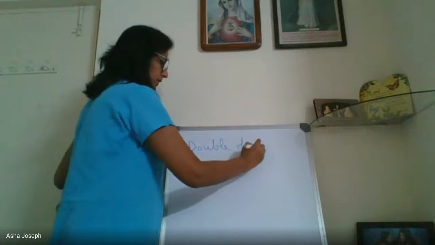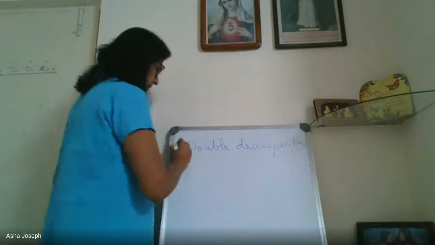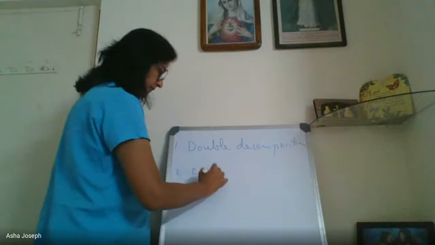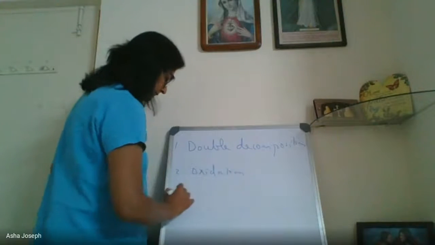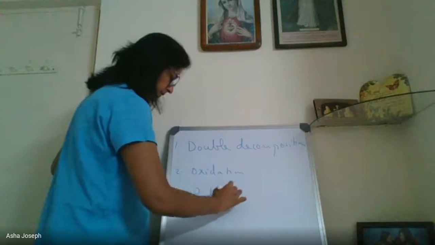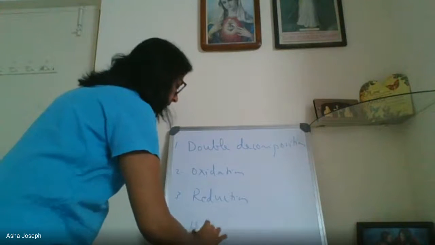Double decomposition. 4 methods are there. 1, double decomposition. 2, oxidation. 3, reduction. And 4, hydrolysis.